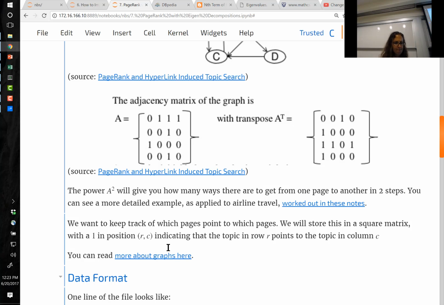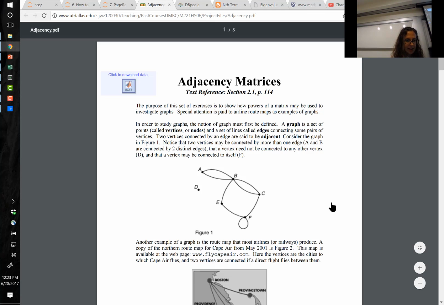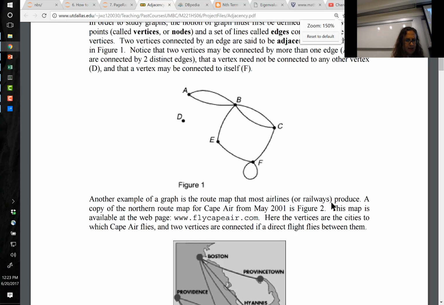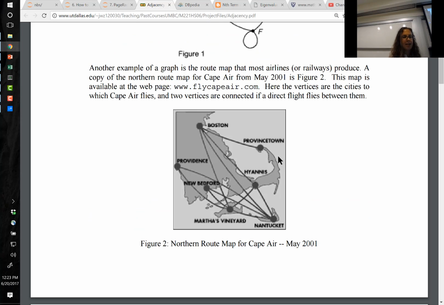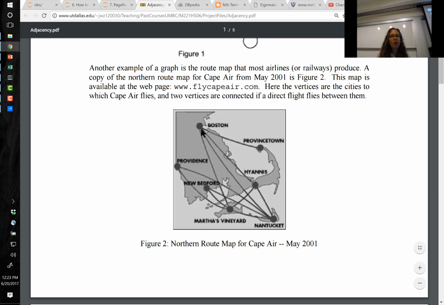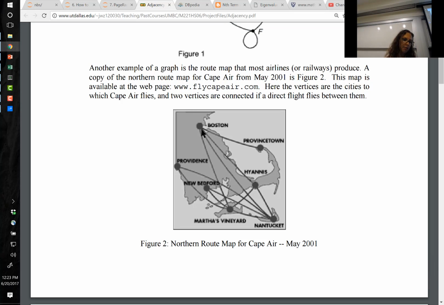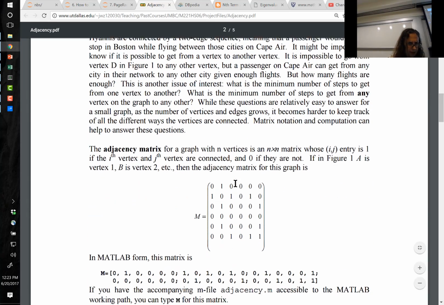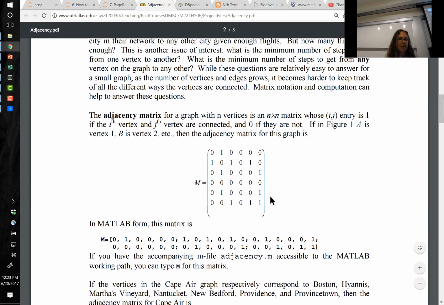And actually, I found these notes, which I liked, and they used the example of airlines traveling. So they just have this kind of smaller graph, I guess in Massachusetts, between which towns you can fly between. They represent that as a matrix with these 0s and 1s.